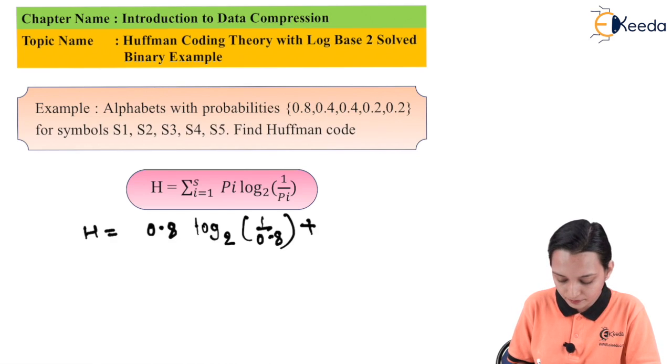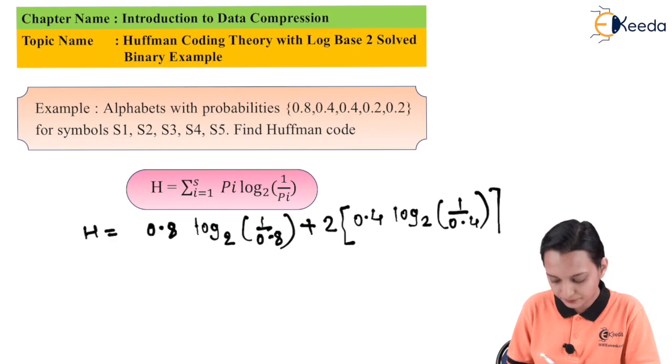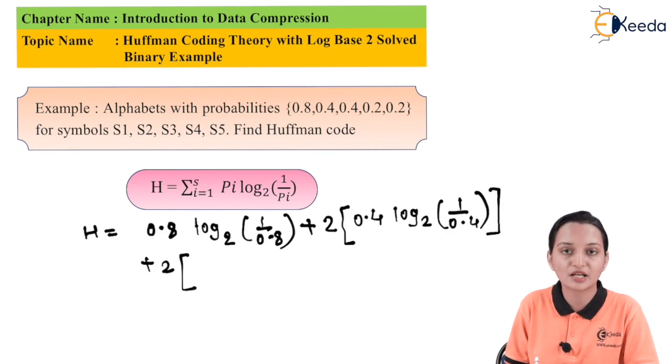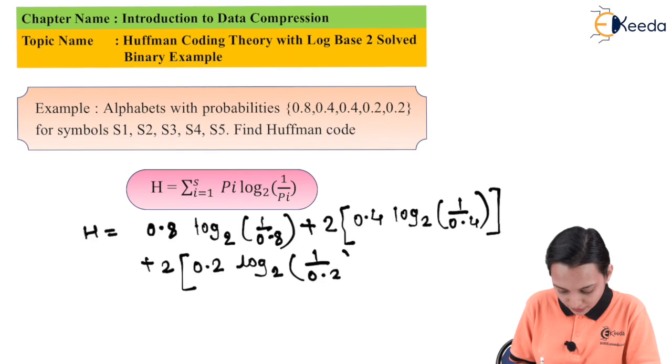So what I can do is 2 into 0.4 log to the base 2 of 1 divided by 0.4. Again plus 2 into, the last two probabilities are the same, 0.2 log to the base 2 of 1 divided by 0.2.